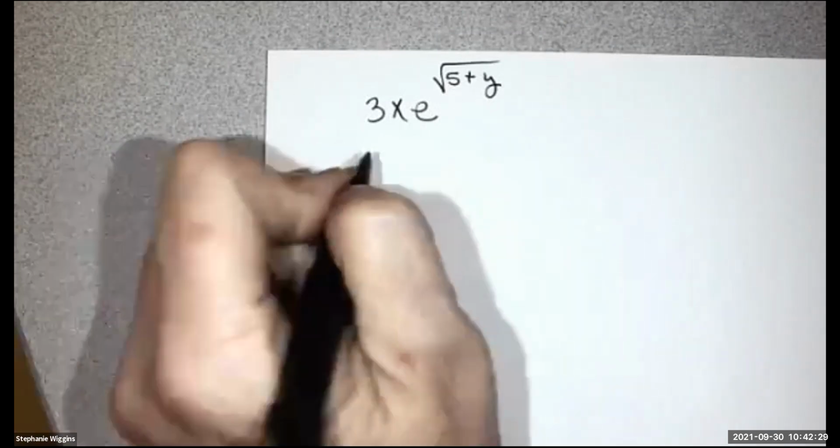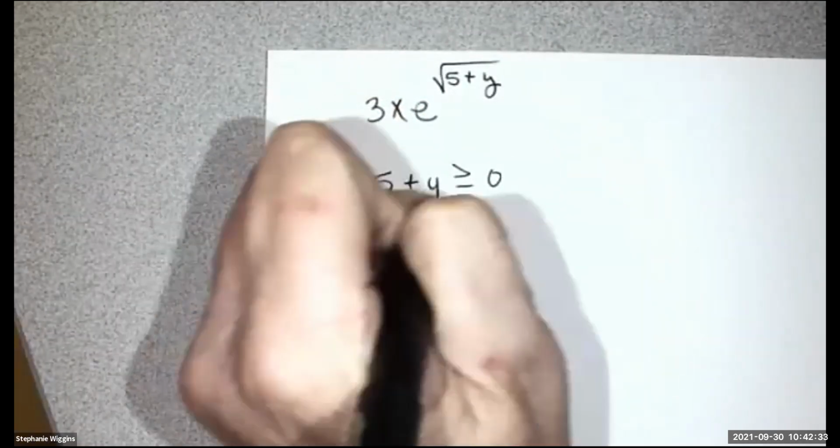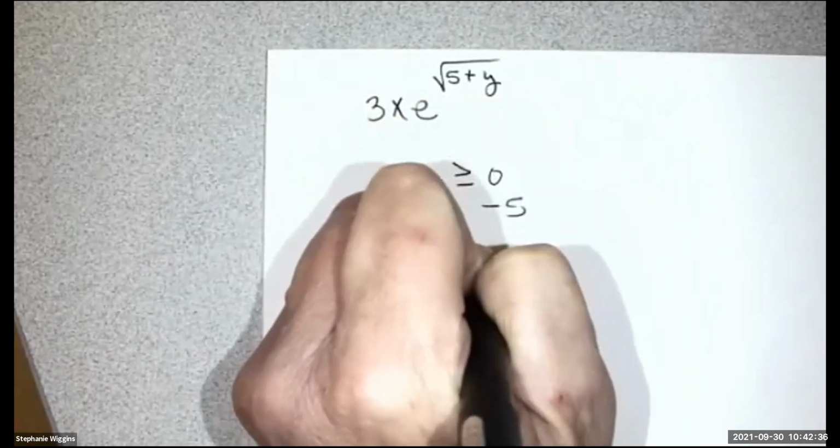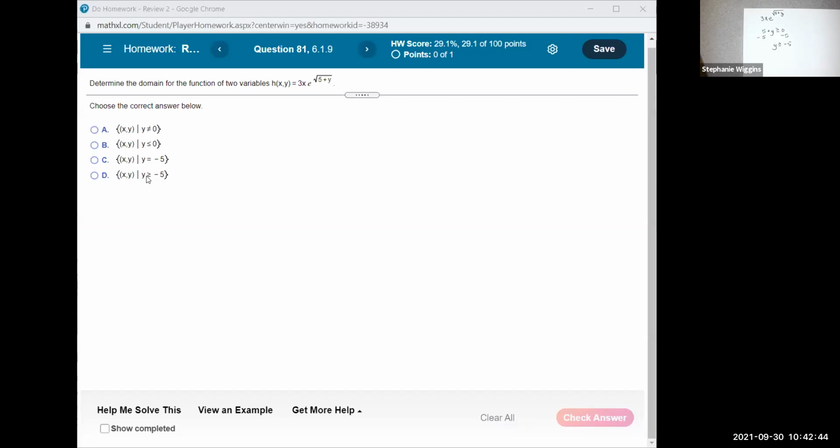You're going to set 5 plus y greater than or equal to 0. You're going to subtract 5 from both sides. So y has to be greater than or equal to -5. And you can see in your choices here that D is the correct choice.